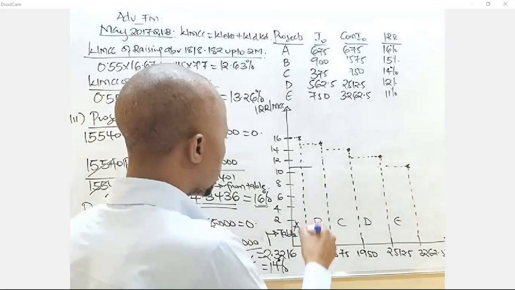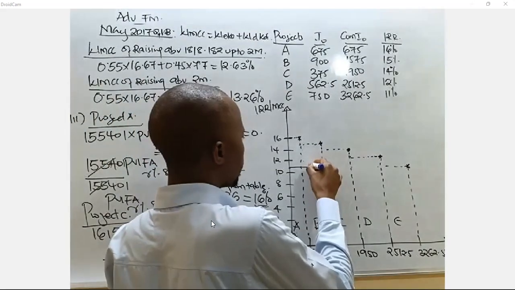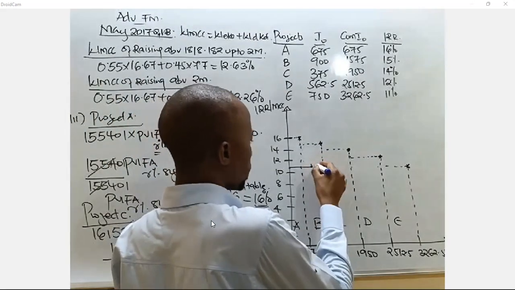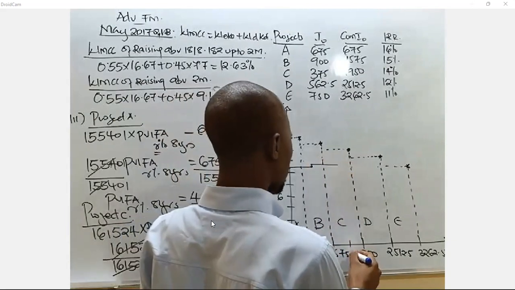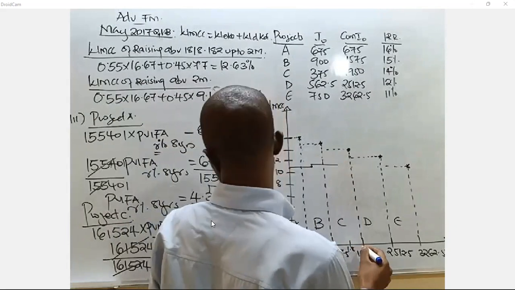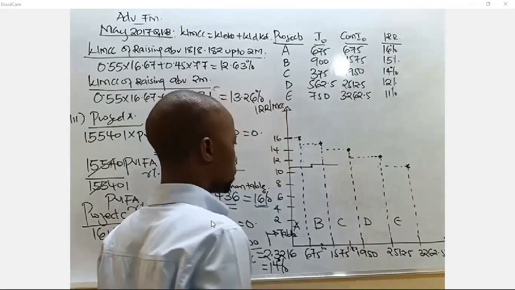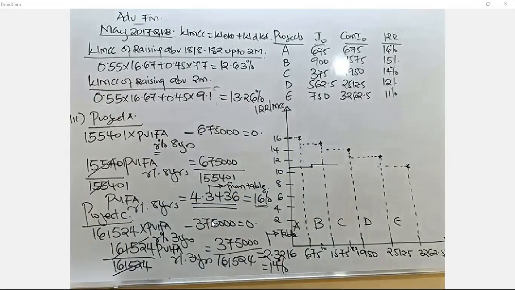So allow me to raise it a bit here, something closer to that. Then 1.8, I just say it is somewhere here. Then we have another WMCC of raising above 1.8 up to 2 million. That was around 12.65, right?